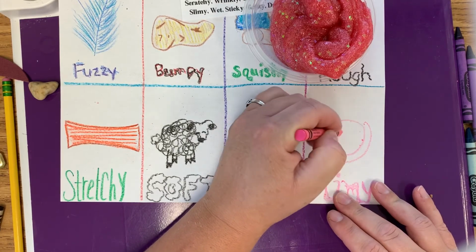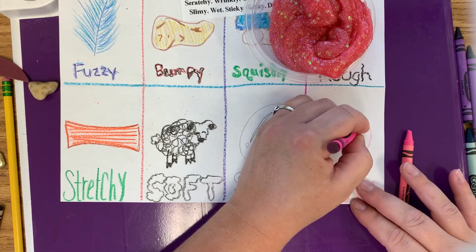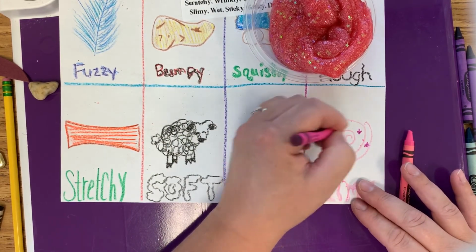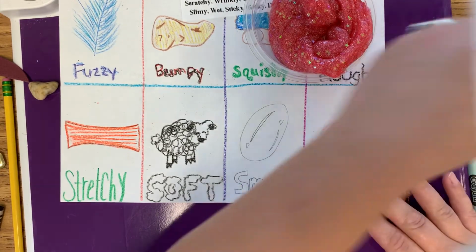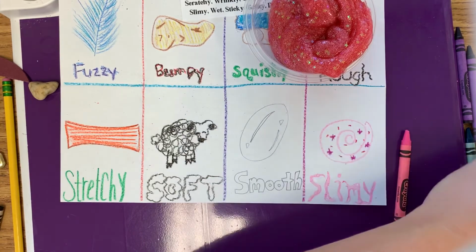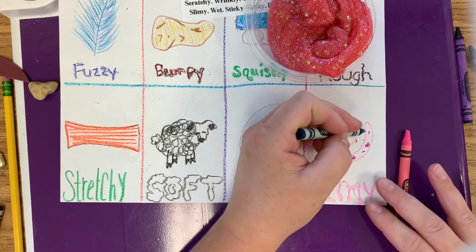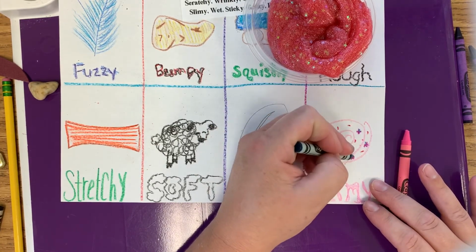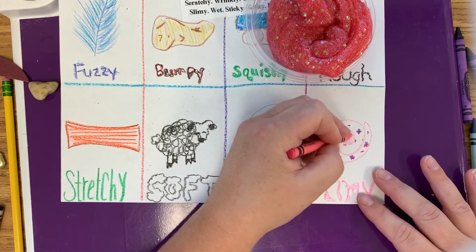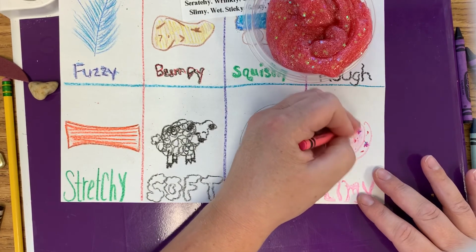It's kind of swirled up right now, and it has some little stars and sparkles and little specks of color, or glitter, specks of glitter. Oops. Tried to color the wrong color. I'm going to color my slime.